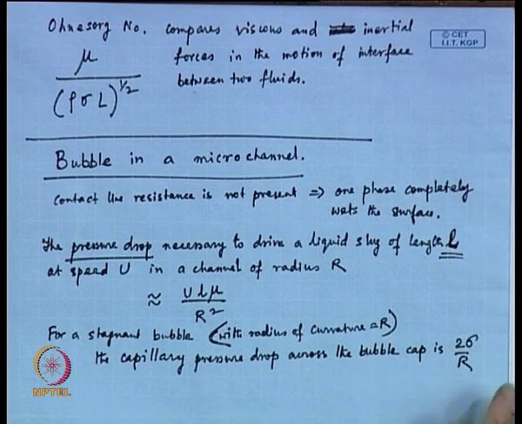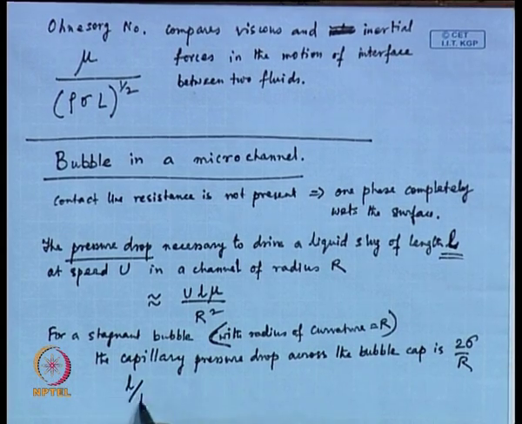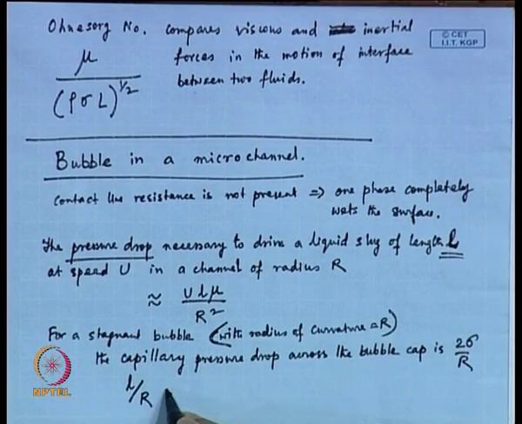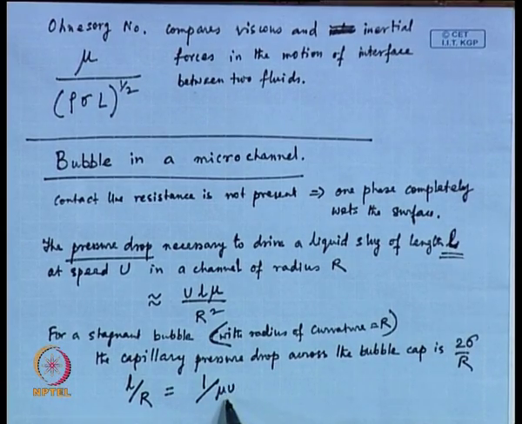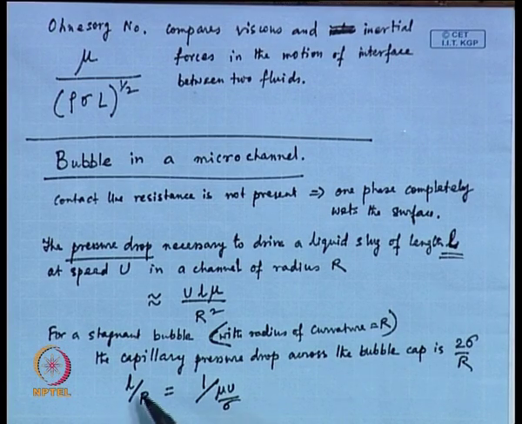If you want to do that, you will find that L divided by R is equal to 1 divided by mu u divided by sigma. In fact, you are getting another interpretation of capillary number, don't you? L divided by R is equal to 1 by mu u by sigma. This we said is the capillary number.